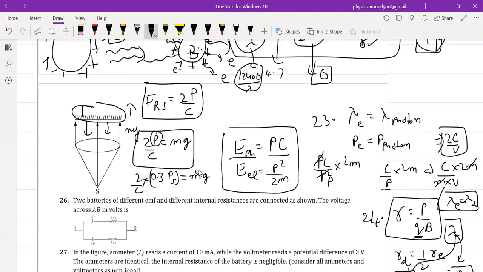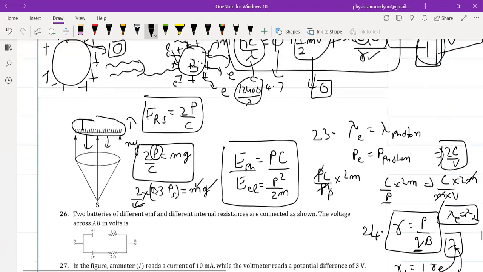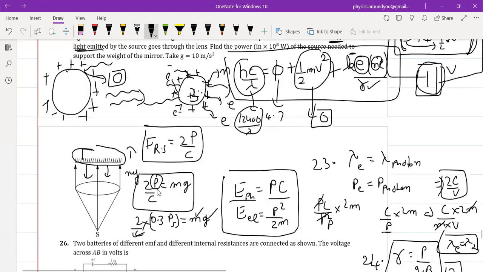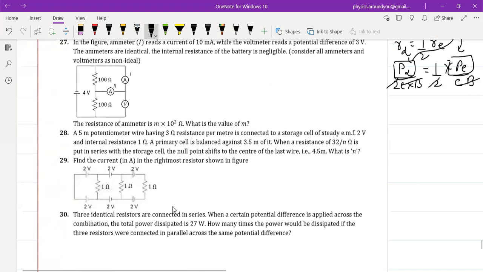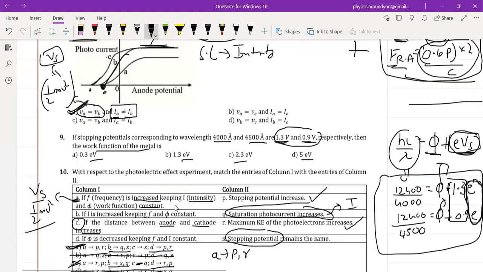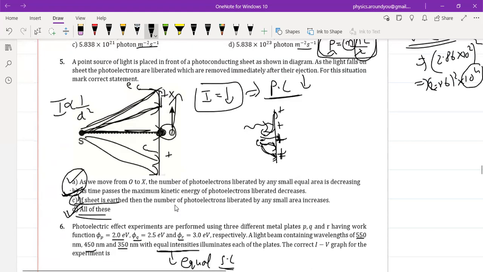They have given the mass 20 grams, g value we know, and we need the speed of light that is also known, 3 into 10 power 8. And now I can easily get the power of the source from this relation. Interesting. Using light, you can actually levitate objects. A concept which can be further taken up by even JEE Advanced. So these were the questions from dual nature of radiation and matter in your JEE test 3.